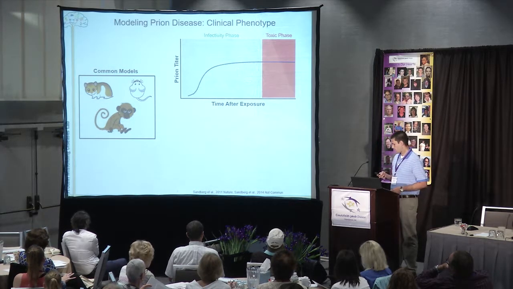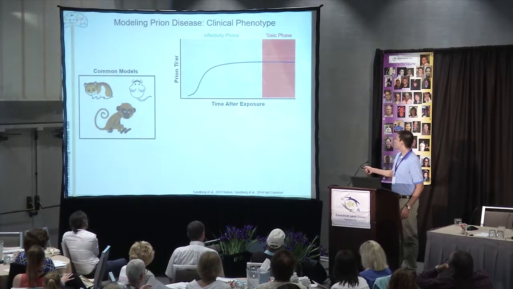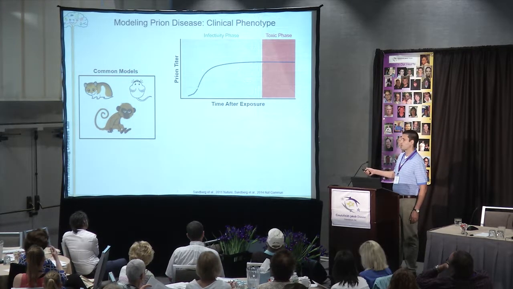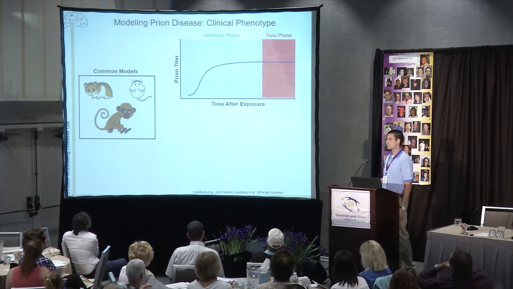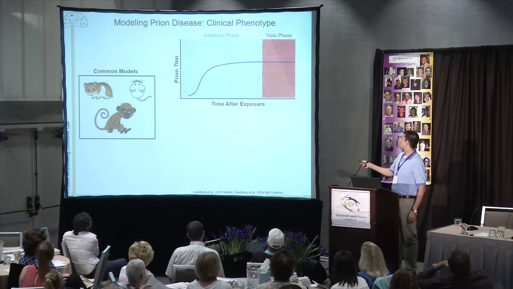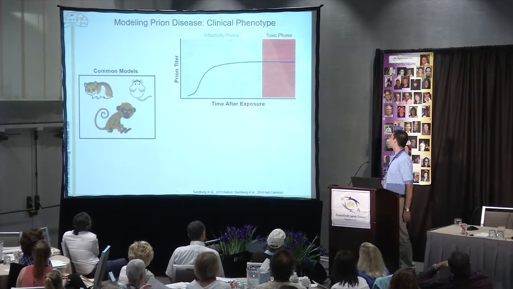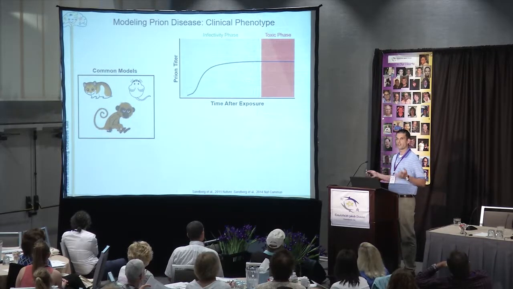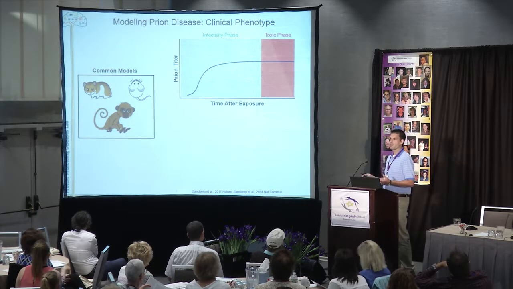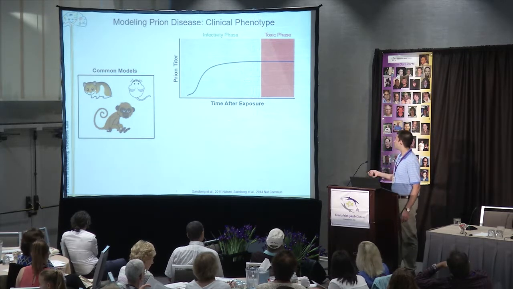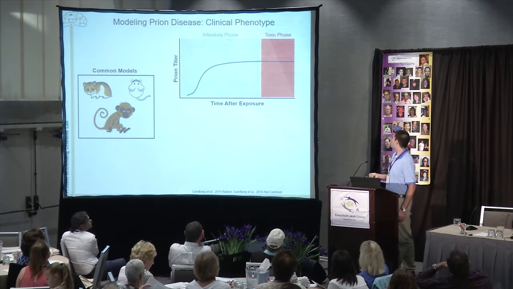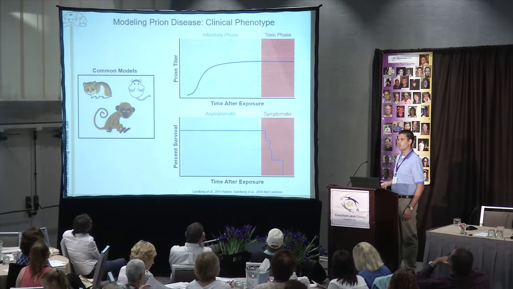Early on during infection, what you see is this rapid increase in prion titer. What's surprising is when it levels off, you don't have this immediate transition to the toxic phase. You have to wait until enough toxic PrP scrapie accumulates in the brain, and then you move to this toxic phase. And when you move to this toxic phase, you also move to the symptomatic phase.